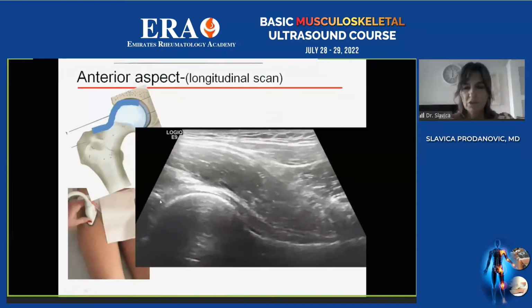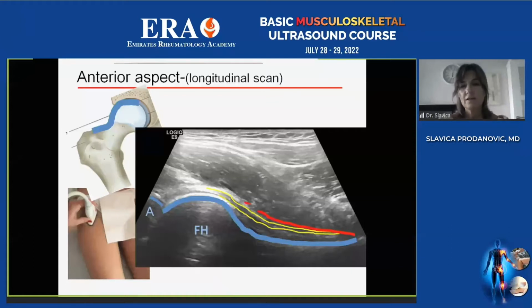On this image, you can see some hyperechoic lines. The first one belongs to the bony profile. You can see part of the acetabulum and part of the femur. This is the femoral head, and this is the femoral neck. And you can see another hyperechoic line. This line belongs to the iliofemoral ligament, as I mentioned before, and the more superficial line belongs to the joint capsule.